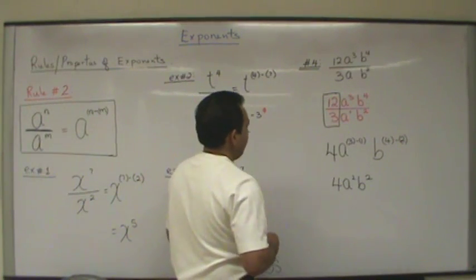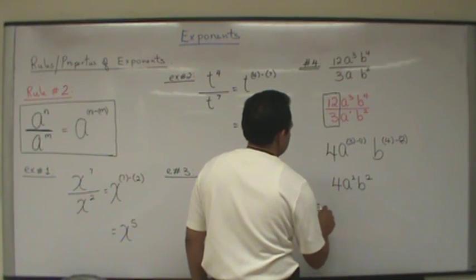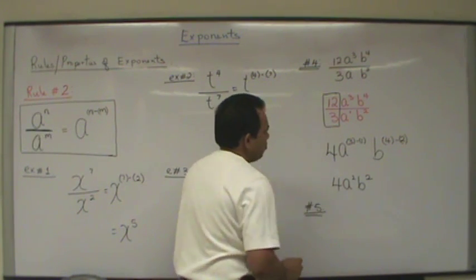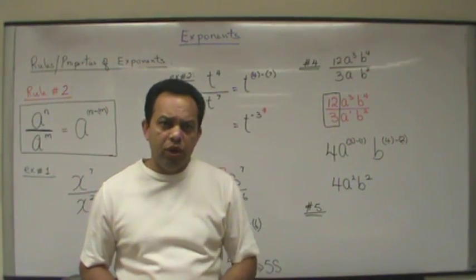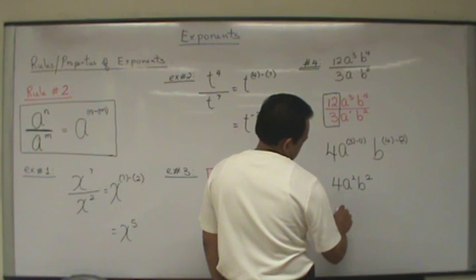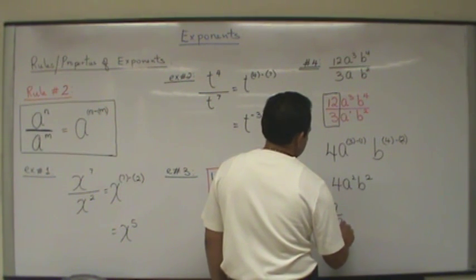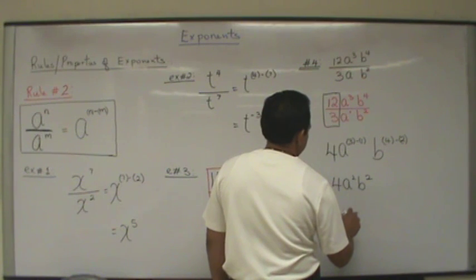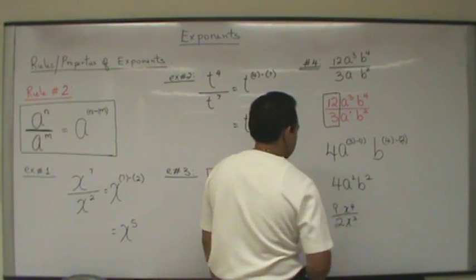Now the last example I'm going to show before I move on to my next rule is what happens if the coefficients can't be divided evenly. What do we do? For example, how about if I have 9 over 2 x to the fourth and x to the second.